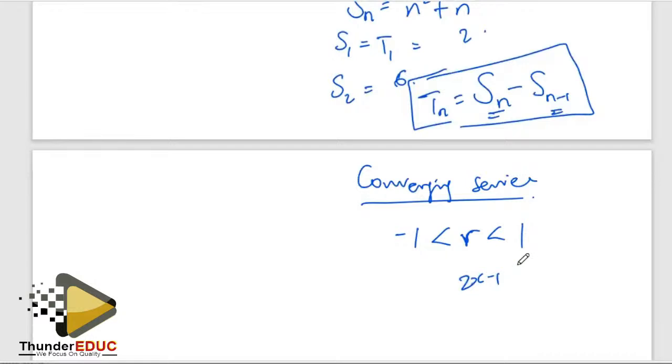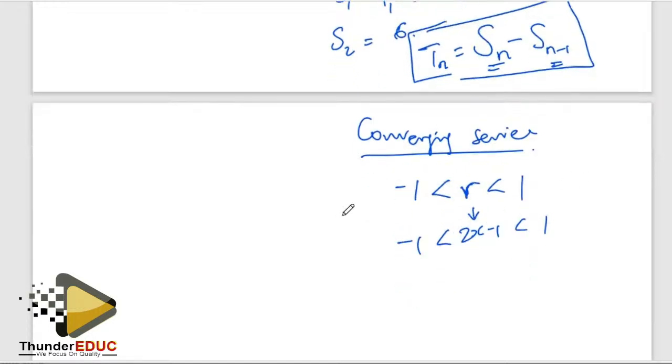So if, let's say, we have 2x minus 1 as our common ratio, we put it within this interval and then we solve for x. You move the -1 to either side, it's going to be a +2 that side, and this side is going to be a 0, is less than 2x.